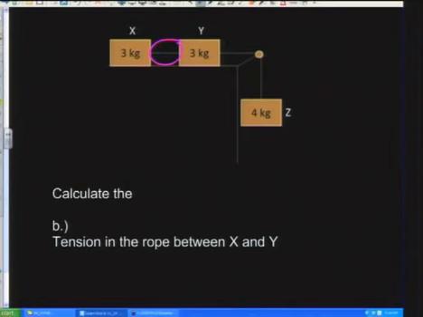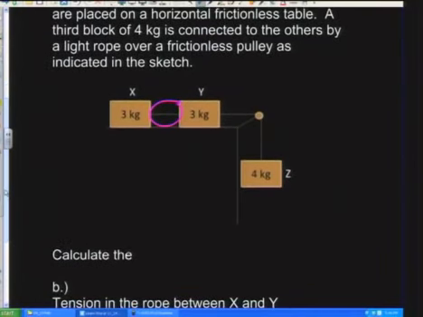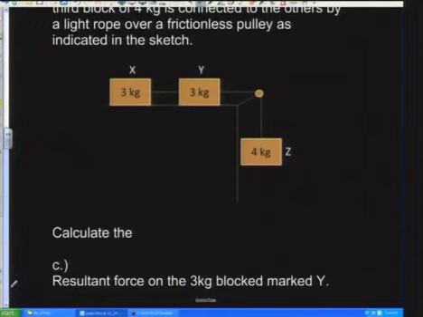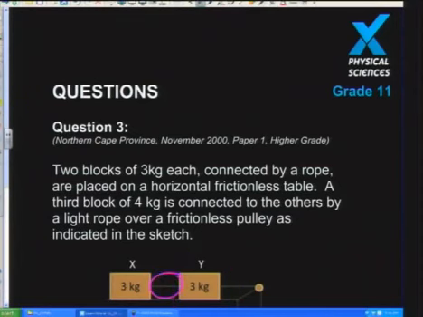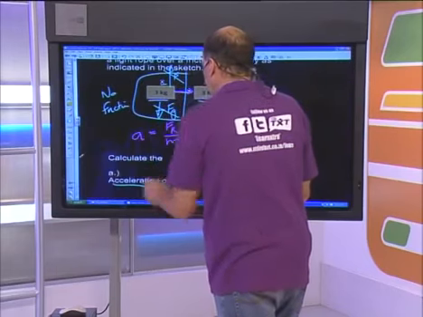We haven't answered fully that top question, and I want to get to showing you how to do it by looking at the next question. The third part of the question was to calculate the resultant on the 3 kilogram block marked Y. So we've got to put these questions together and try and work them out.